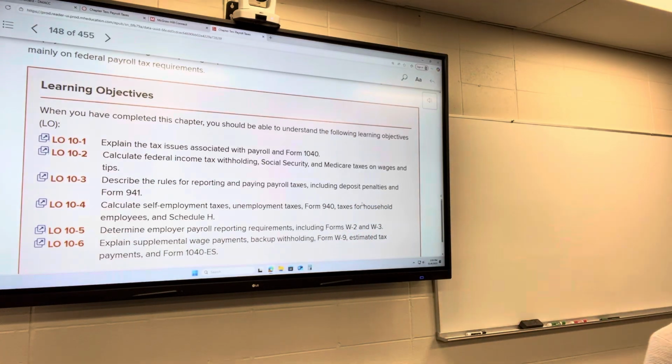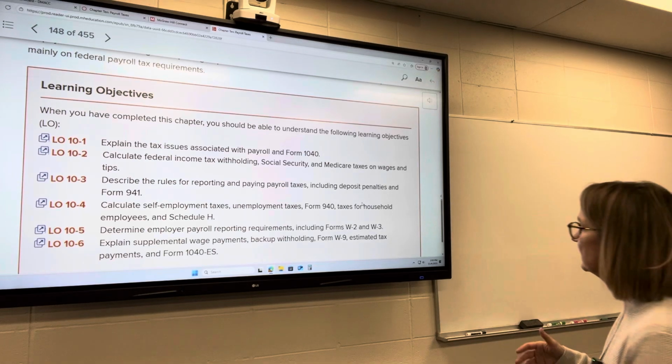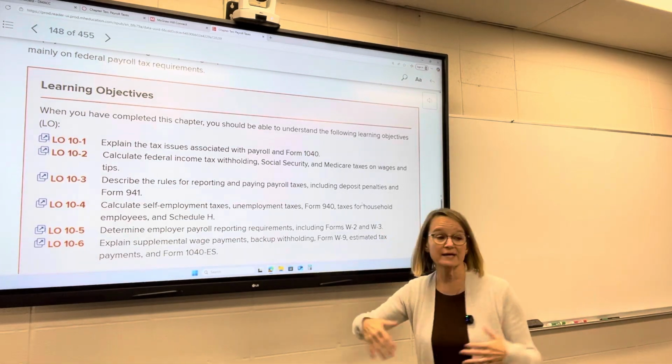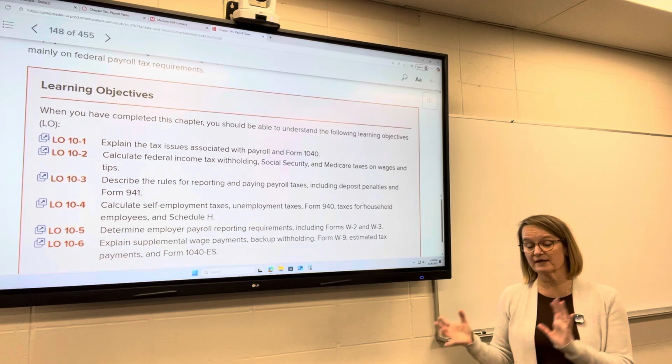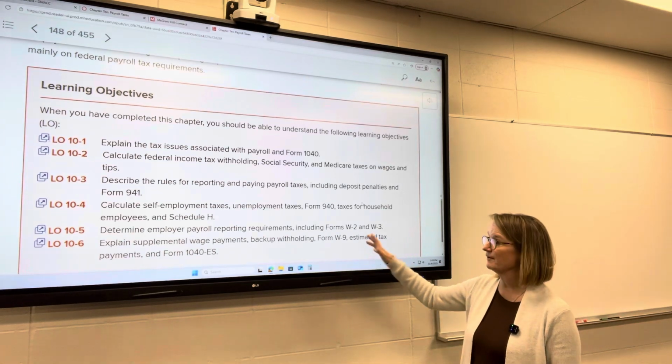If they just work for one individual, then they may be classified as a household employee, and how we report then the payroll taxes that need to be paid on their behalf.